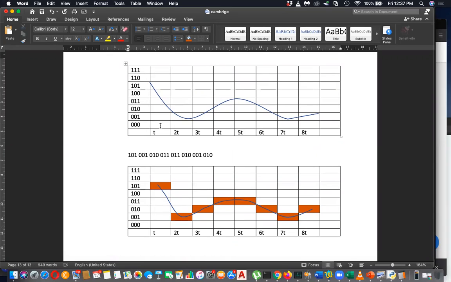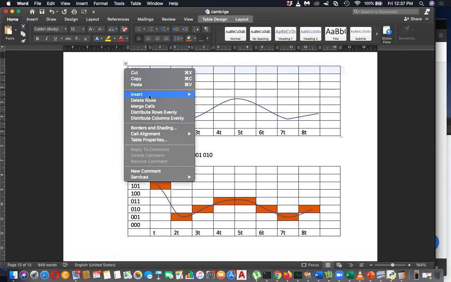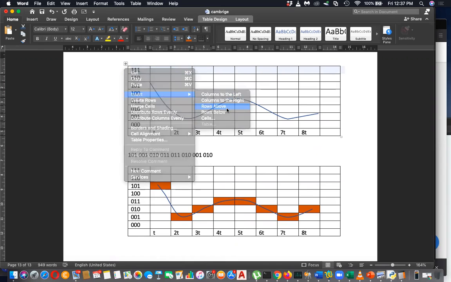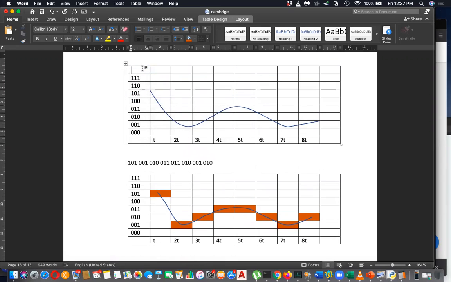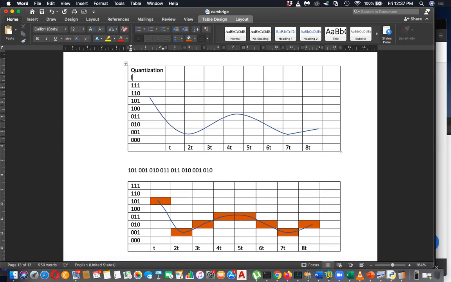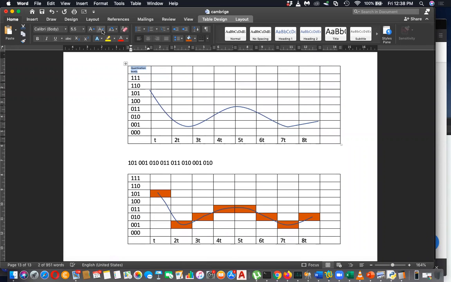This is analog sound, and how you convert it: here in this direction you take quantization levels, and in the other direction you take sampling.